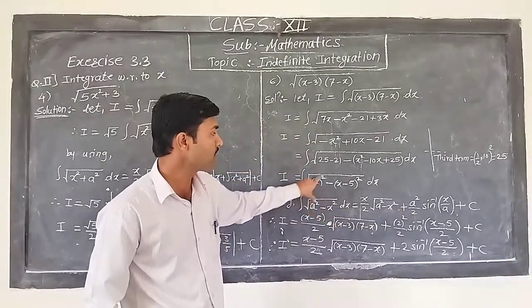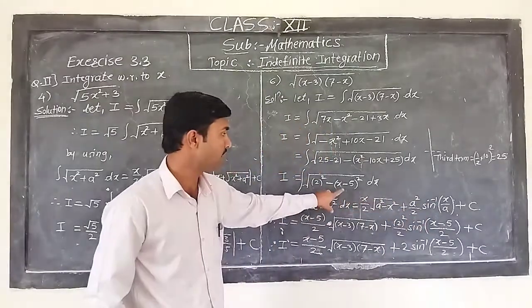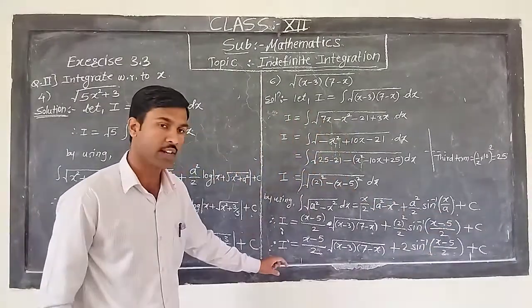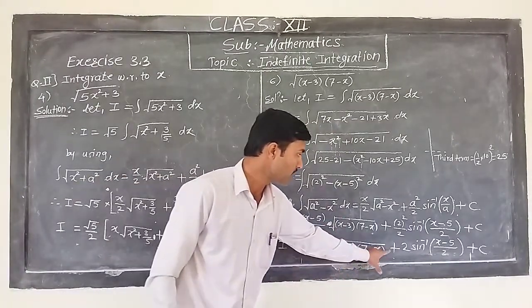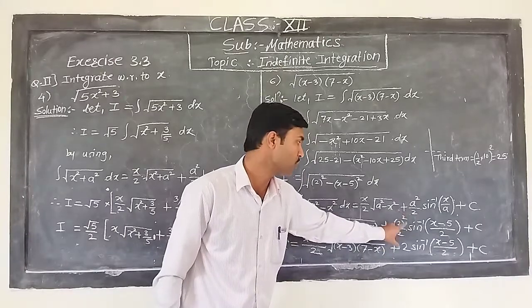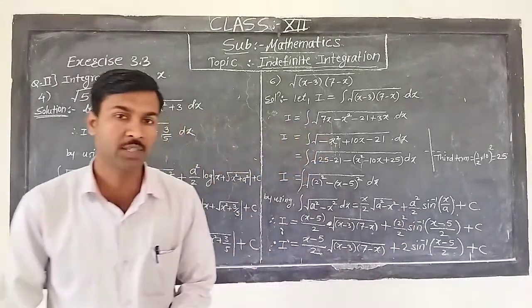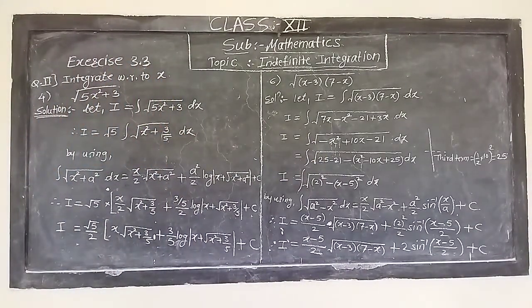A square is 2 square, so 2 square upon 2 into sine inverse of x upon a, and x is x minus 5 upon 2, plus c. Hence the final answer is x minus 5 upon 2 into this term which remains the same, plus here the numerator 2 gets cancelled with the denominator 2, so the term is 2 into sine inverse of x minus 5 upon 2 plus c. Here is the solution of both the problems.